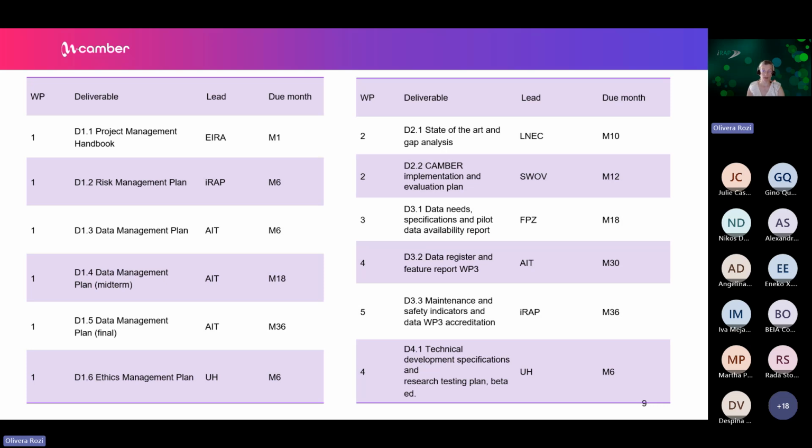But we are just in the 6th month of the project implementation, so most of our current deliverables and those that will be delivered by the end of this month are related to project setting and all the procedures that should be in place: risk management, data management, and ethics management plans, project management plans, and communication strategies. However, closer to the end of the year, we are going to have our state-of-the-art and gap analysis and implementation and evaluation plan.